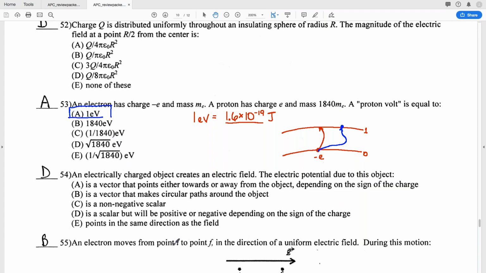But while I am waiting, Emil has a follow-up question, and Jill is asking, when do we take into account surface charge density? Okay, that's a different question. And then FRQ number 4.